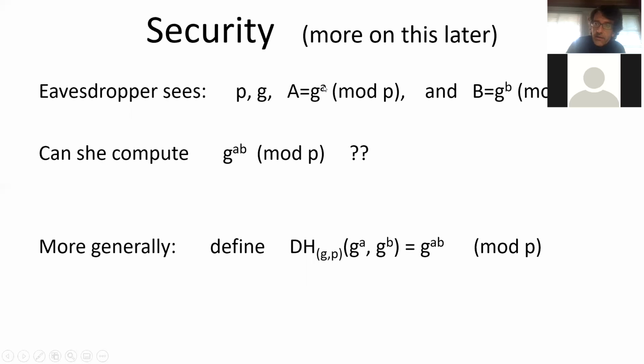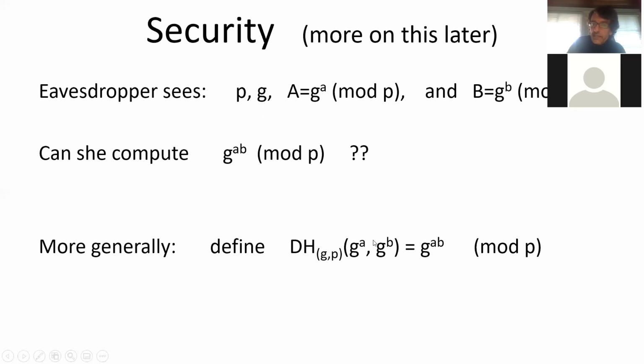This little a is called a discrete logarithm of capital A to base g. Likewise, little b is also the discrete logarithm of capital B to base g. So given p, g, capital A, capital B, the little a and little b are well defined, and therefore this value is well defined.